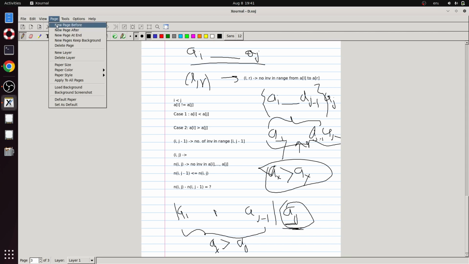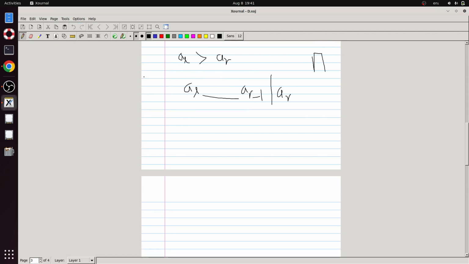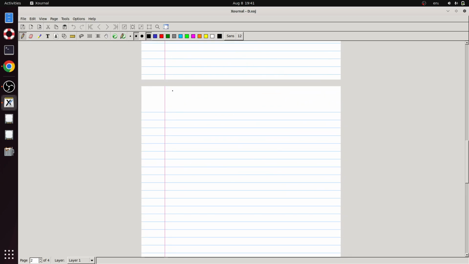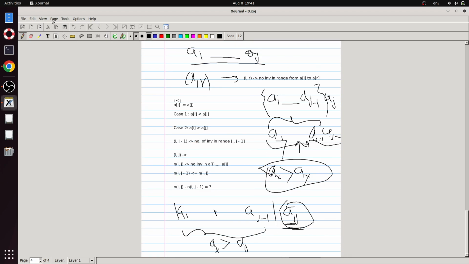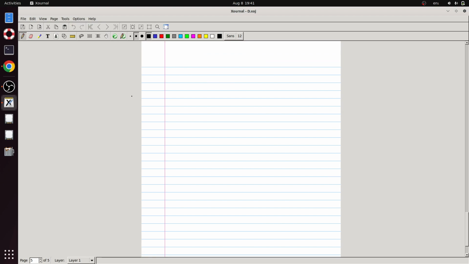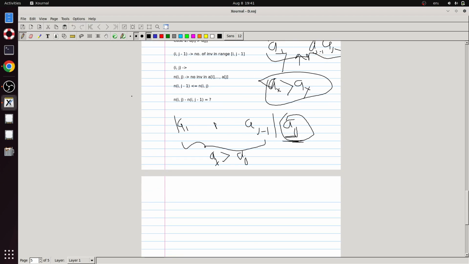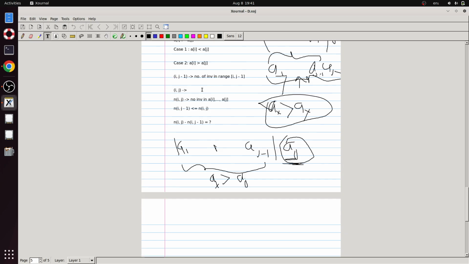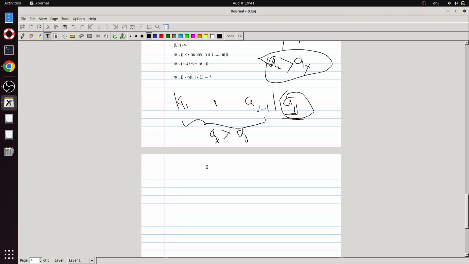Now what does this tell us? Considering that it was case 1, let's say that a of j was the maximum element in I till j.